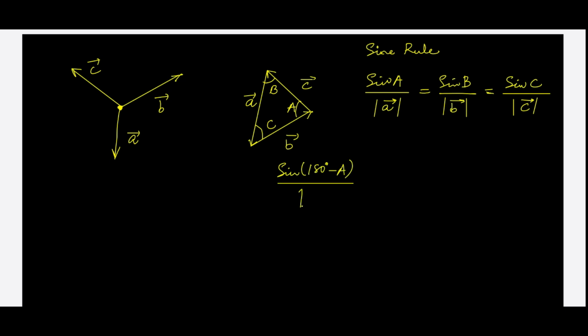Sine of A is sine of 180 degrees minus B, then this is the same as sine of 180 degrees minus C.